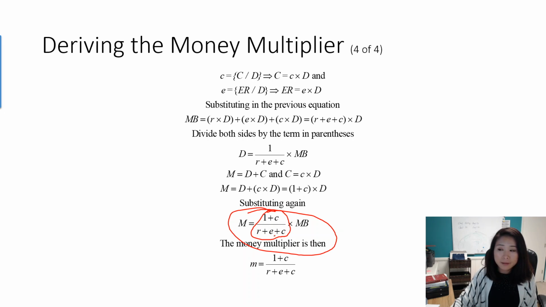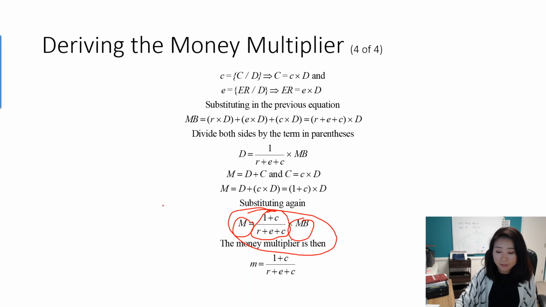So the money multiplier has a negative relationship with the required reserve ratio, the excessive reserve ratio, and the currency ratio. This is not surprising because we learned how those factors affect money supply. So the money multiplier times the monetary base will help us figure out how much money will be supplied to the whole economy.